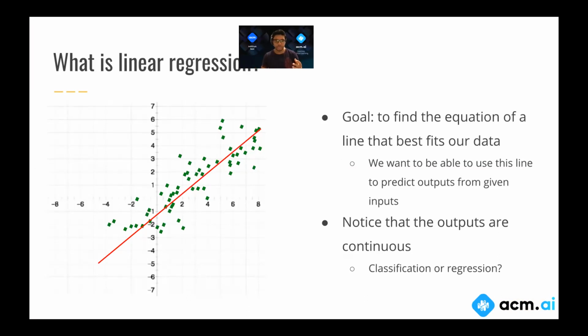That means they occupied any real number, and that is why we call it regression. Today we're going to take a look at logistic regression, which is technically a classification algorithm, but it's still called logistic regression. A small caveat there, but we're going to be looking at classification today rather than regression.